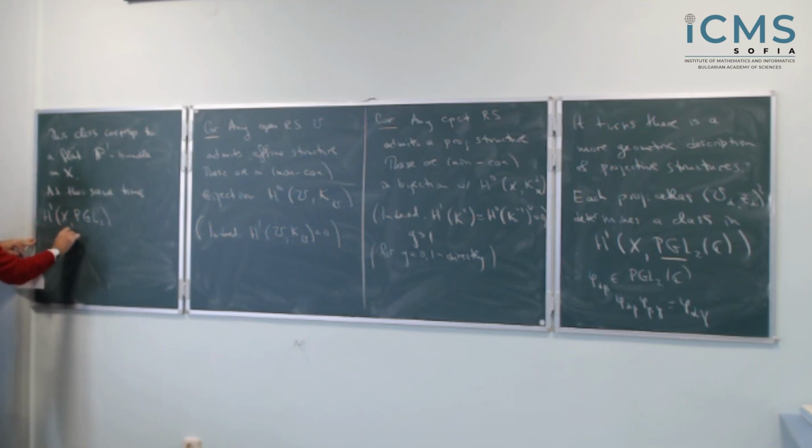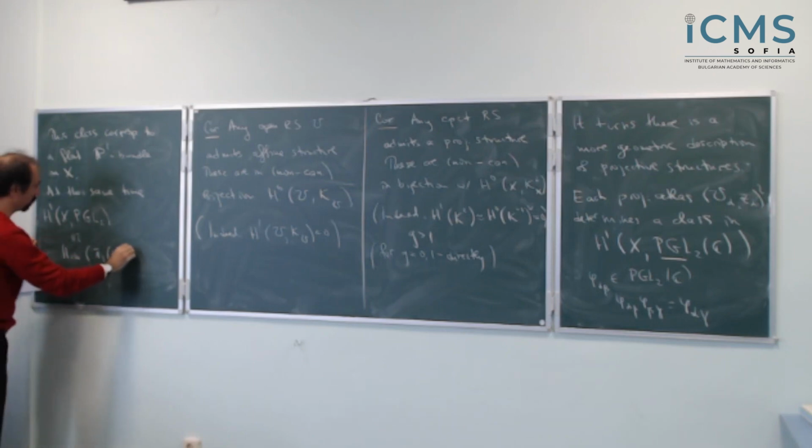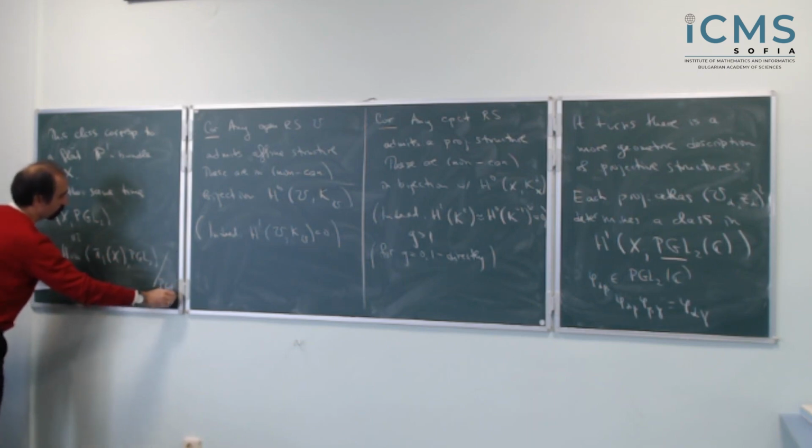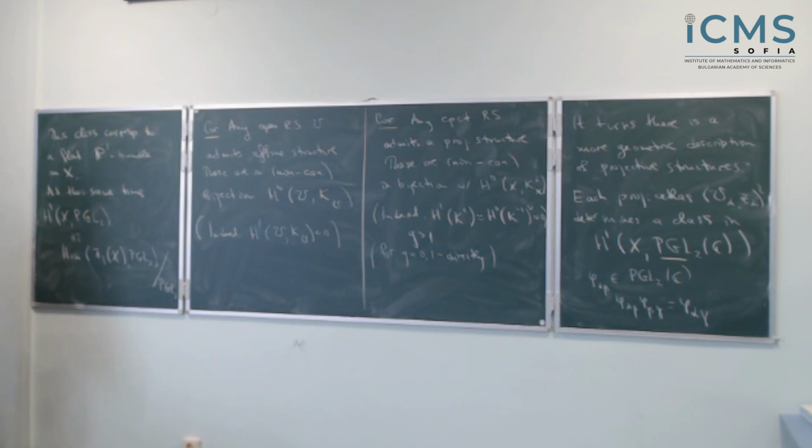But this, at least as a set, can be identified with homomorphisms, representations of the fundamental group into PGL2 or SL2, after conjugation. So you can think of this space as the space of flat connections, or again representations of the fundamental group of X. So this is a kind of interesting topological object.